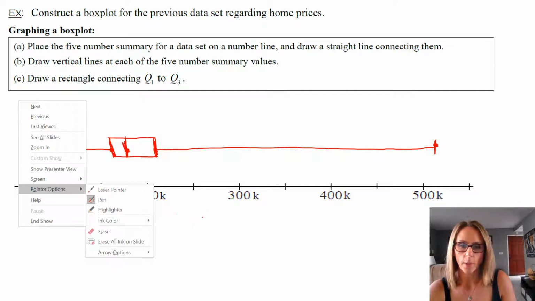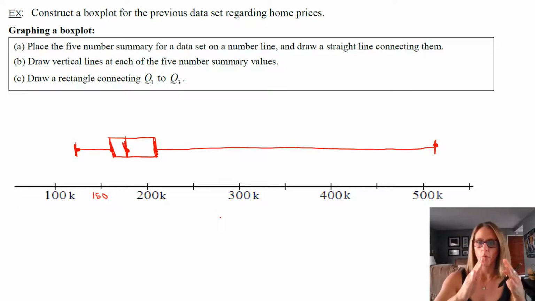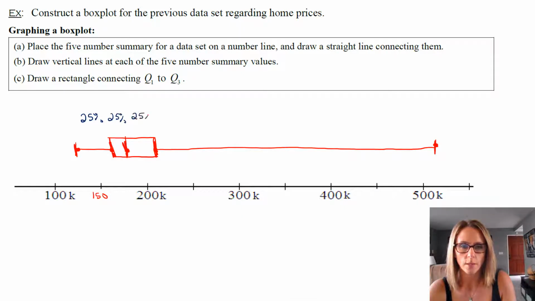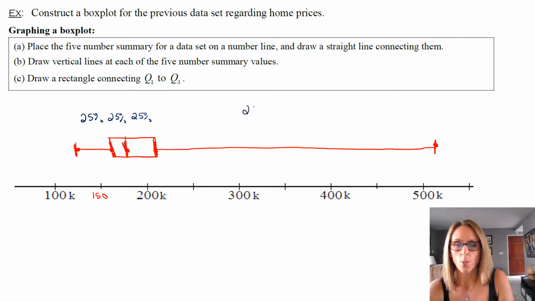But the thing to understand about box plots is that every time you have your Q, you have 25% of the data. So what we're being told is that 25% of the data sits here, 25% of the data sits in this box, 25% of the data sits in this box, and then 25% of the data is all the way from here to here.